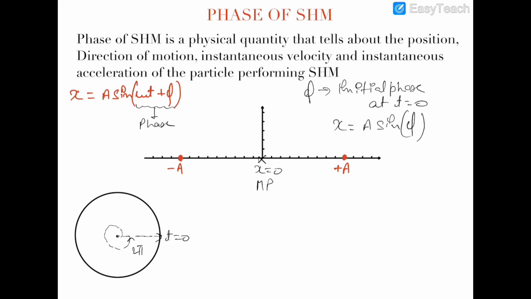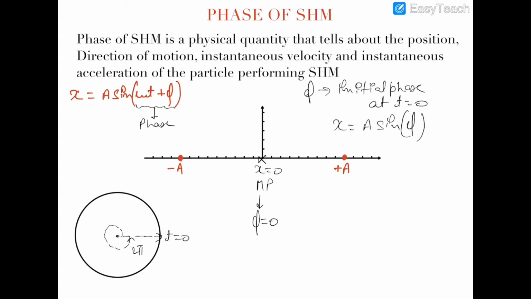So initially at this position, first time when the particle is at this position and moving towards positive A, the phase of the particle is 0, because if we are comparing this phase with the angle, then at this point t equals 0, the particle has not covered any angle about the center. So the phase of the particle at this position first time is 0.